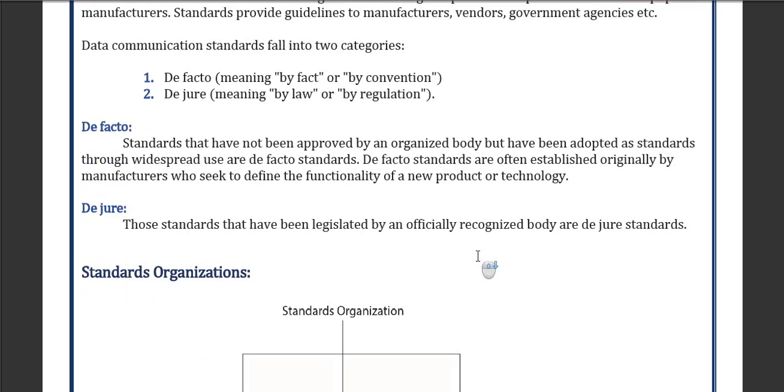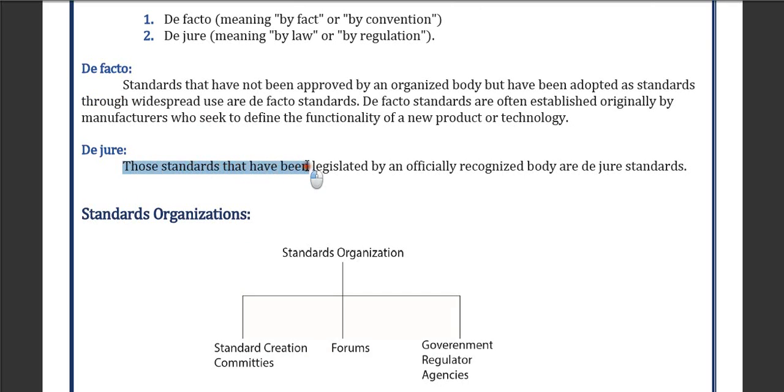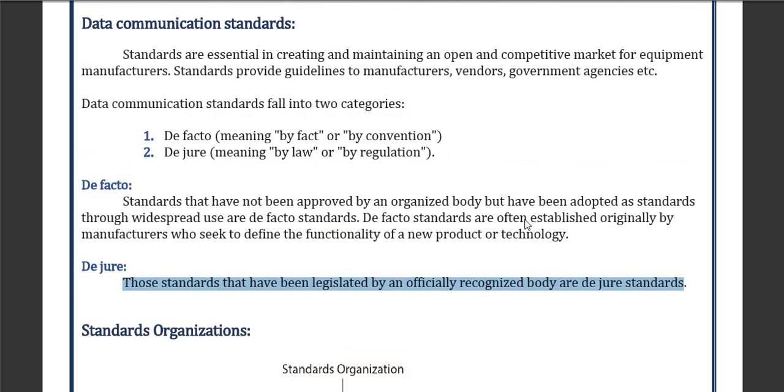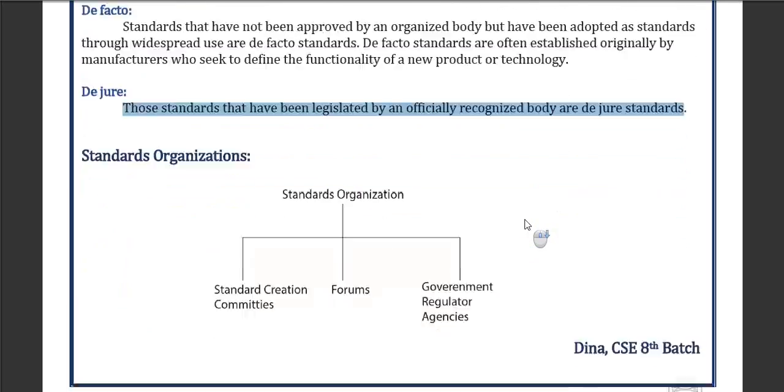De facto standards have not been approved by an organizational body but have been adopted widely, meaning they are developed by practice, and de jure is under a law. An organization has a law to use the de jure standard in data communication.